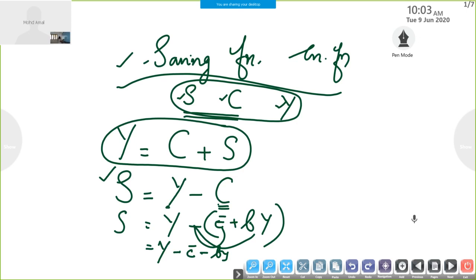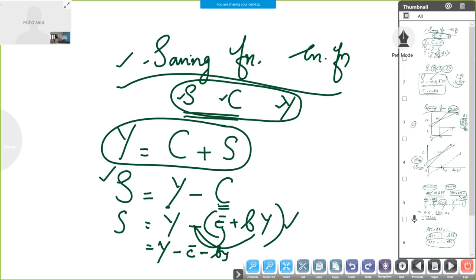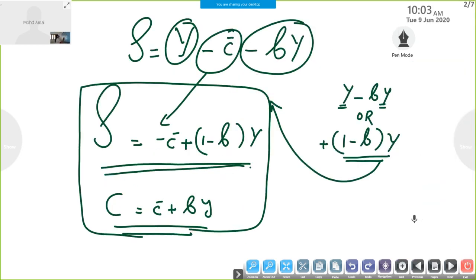Substituting the consumption function or consumption equation. After that we get S is equal to minus C dash plus 1 minus B times Y. This is the saving equation. This is the consumption equation.